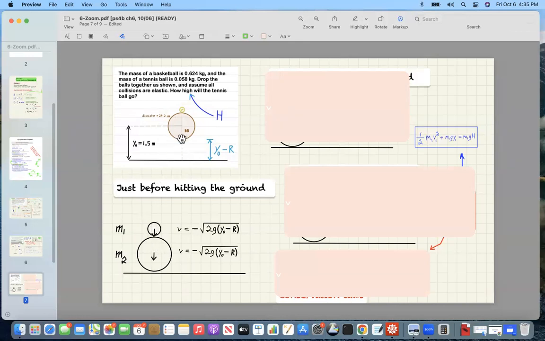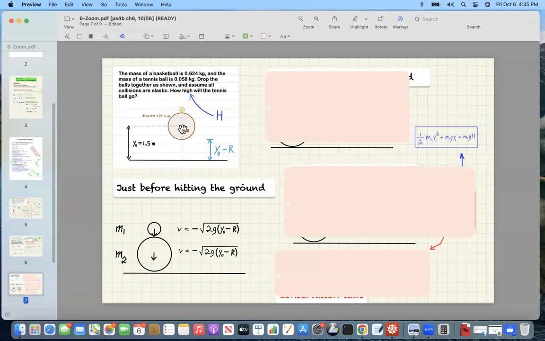So just before hitting the ground, the basketball has a velocity v. Let's say downward is negative, so upward is positive. So the velocity of the basketball will be minus the square root of 2g times the distance that it's fallen. How far has it fallen? Well, if I call y0 the height of the center, it was just the bottom of the basketball that hit the ground.